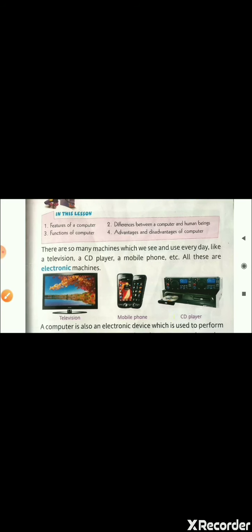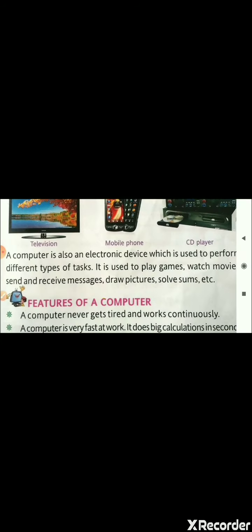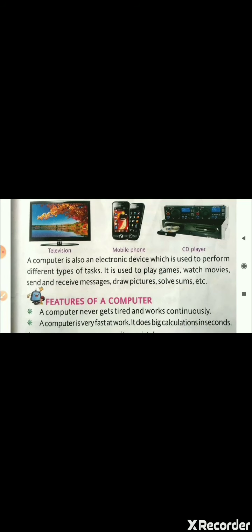A computer is an electronic device which is used to perform different types of tasks. It is used to play games, watch movies, send and receive messages, draw pictures, solve sums, etc.